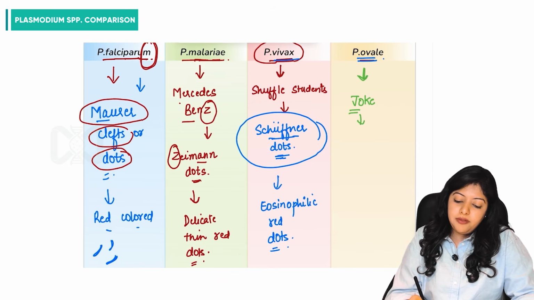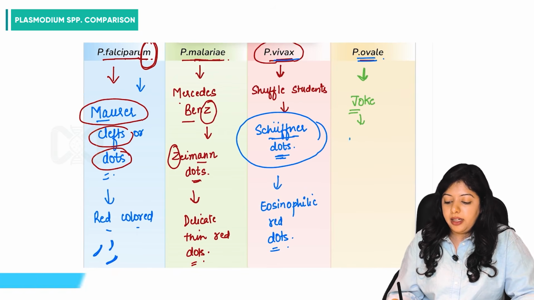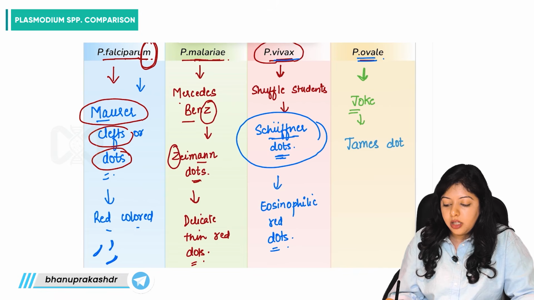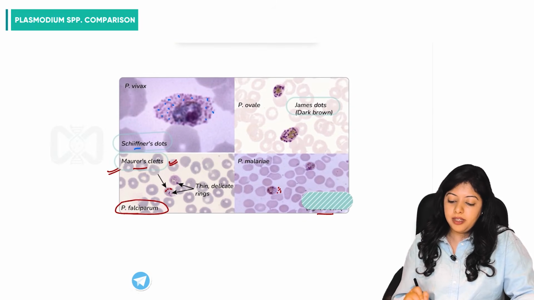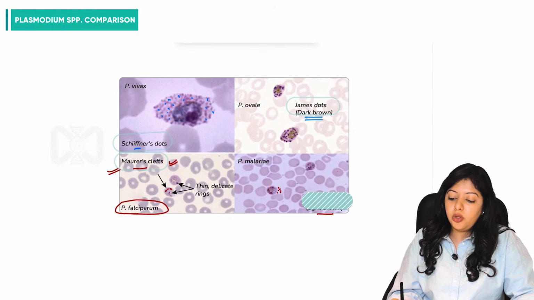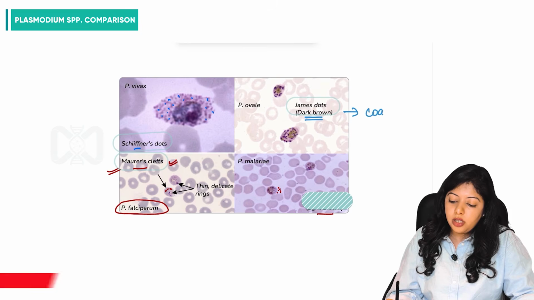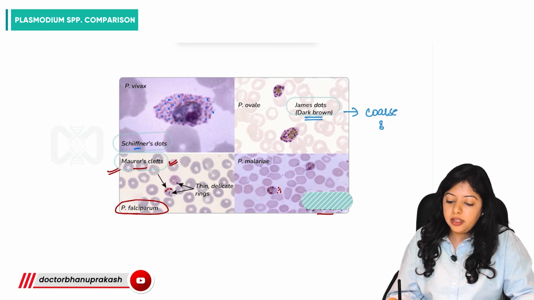The dots we get in Plasmodium ovale are James dots, which are coarse and dark brown in color.